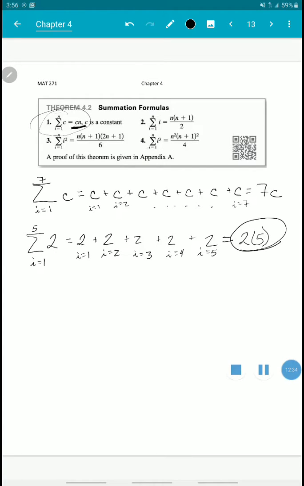I'm not going to really talk about the derivation of these. This one's kind of cool. I like to call this Gauss's expression. One of the things when Gauss was a young child is that his teacher asked his whole class to sum the numbers from 1 to 100.